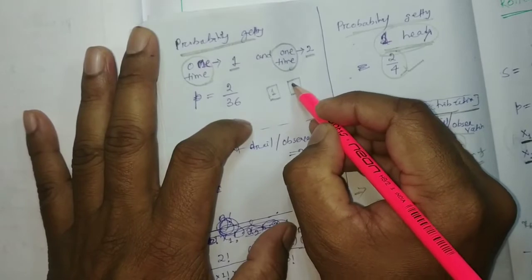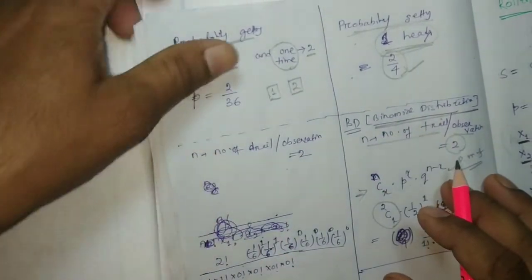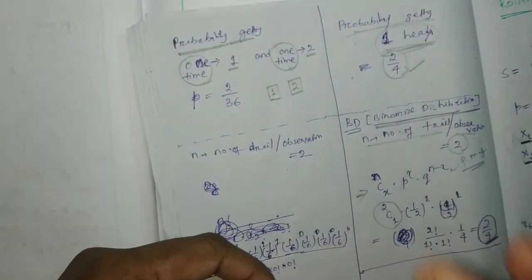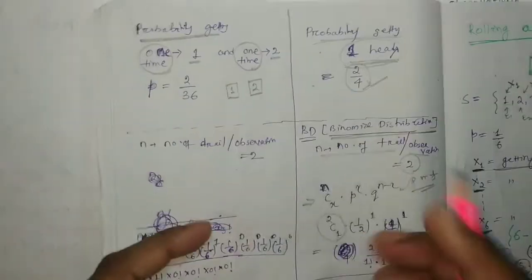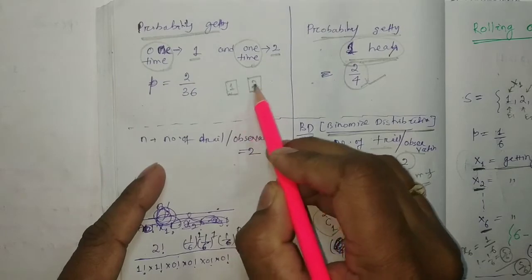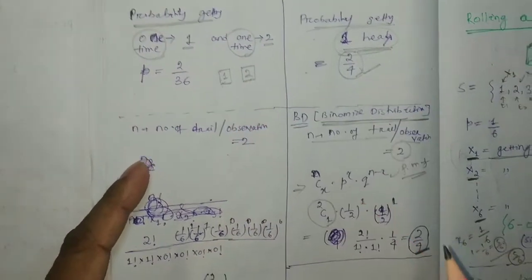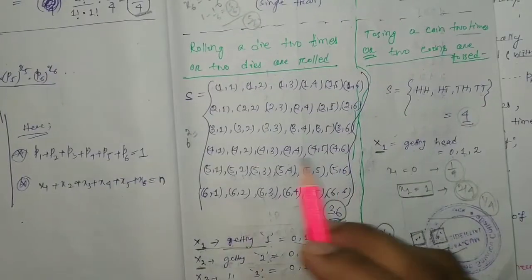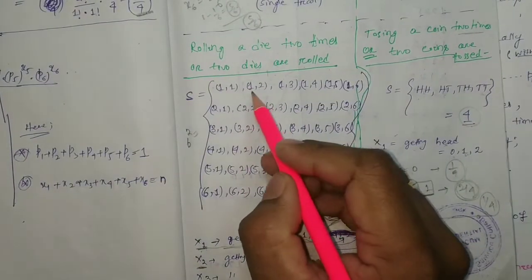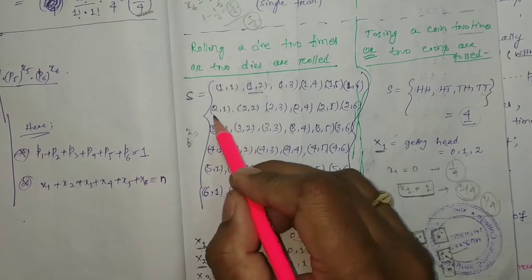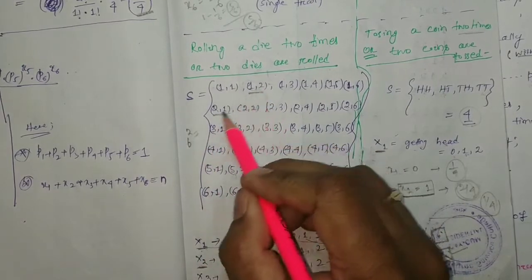What will be the probability? Traditionally, if we consider the sample points, getting 1, 2 like that, one face will be 1 and another face will be 2. How many such sample points or outcomes can we get? Here 1, 2 is there and here 2, 1 is there, so 2 outcomes we can get in the whole sample space.